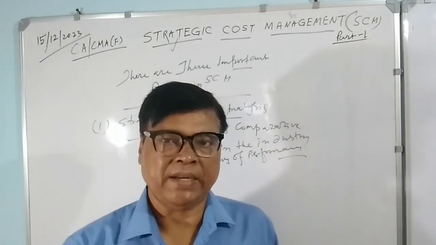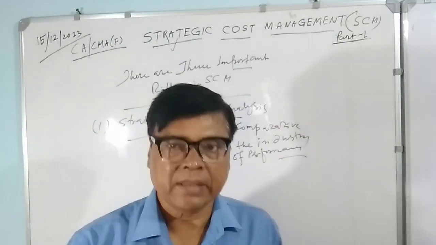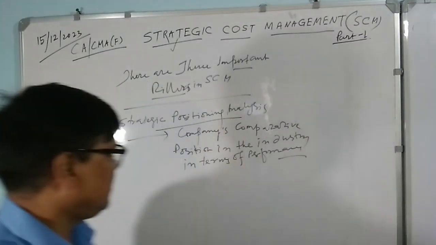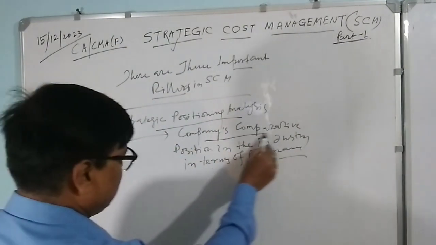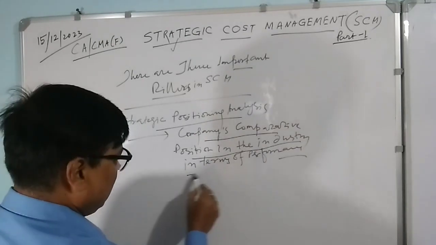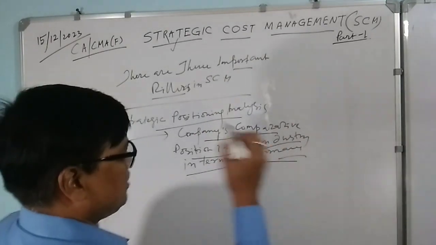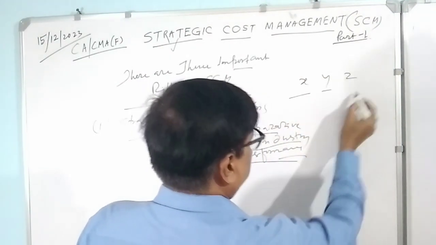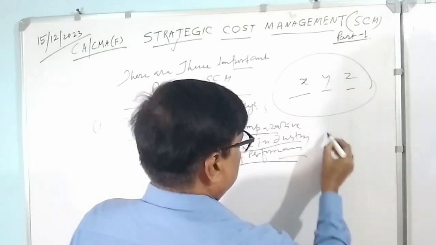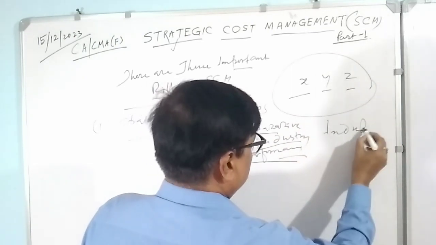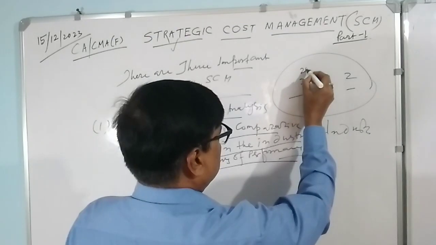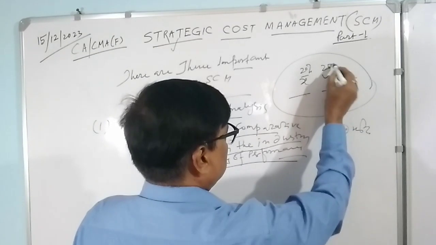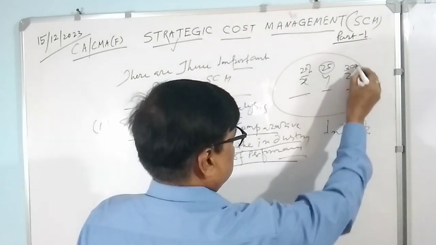See, there is no question of satisfaction from your own side, unless you know what your competitors, that means the same product players in the market, are doing: the company's competitive position in the industry in terms of performance. To take an example, X, Y, Z, three companies are producing, and together they form one industry. So X is doing, say, 20% performance for their profit or cost reduction, Y is 25% and Z is 30%.